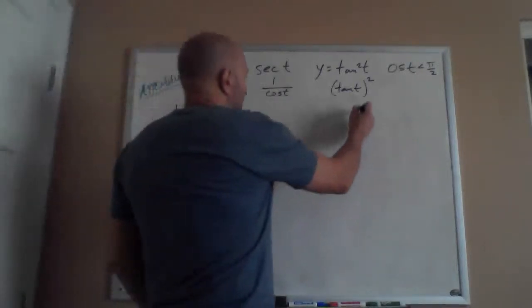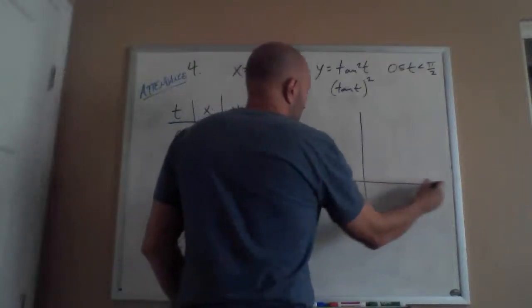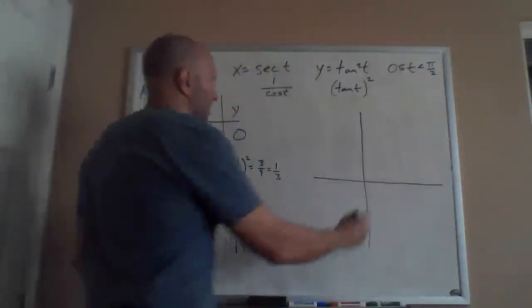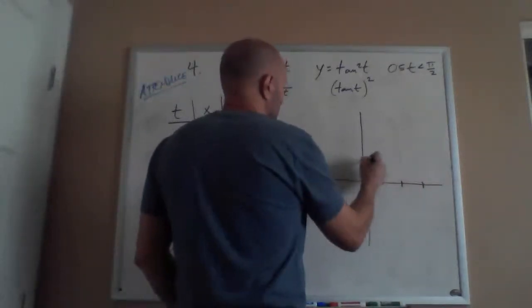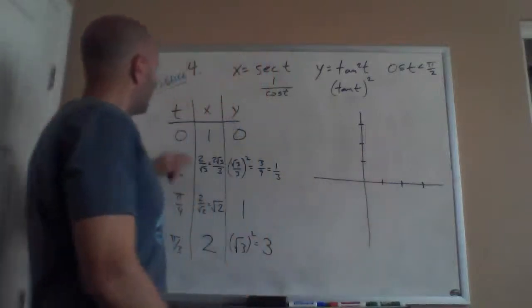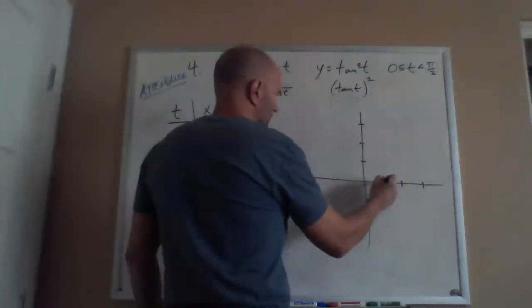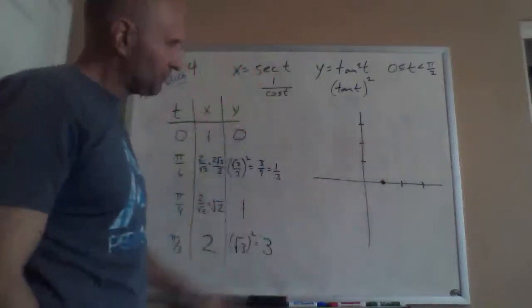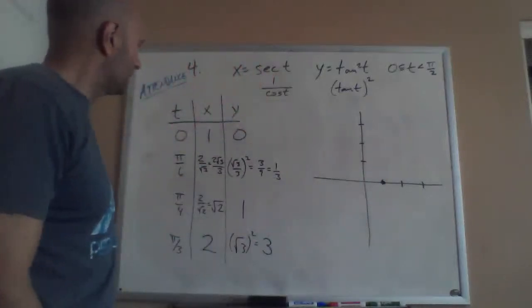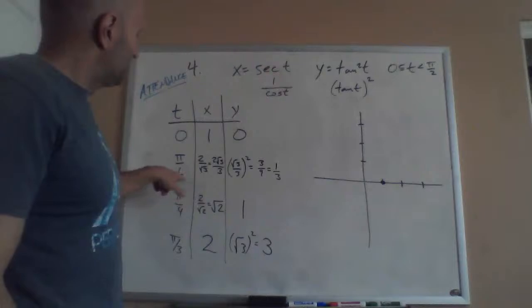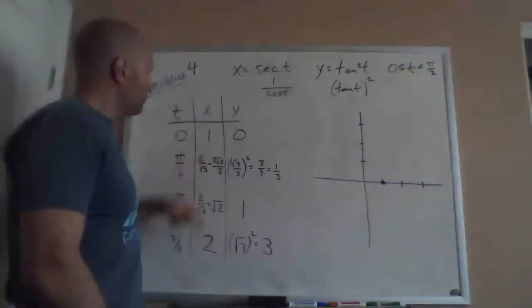So now if I plot this one, our first point is 1, 0. 1 unit to the right, 0 units up or down. So that is where this graph starts, at that specific point. At pi over 6, we have 2 root 3 over 3.